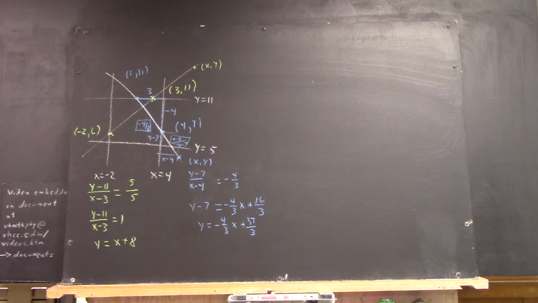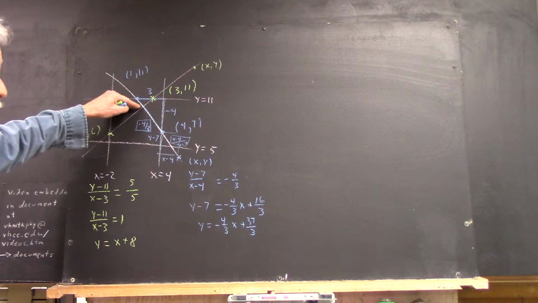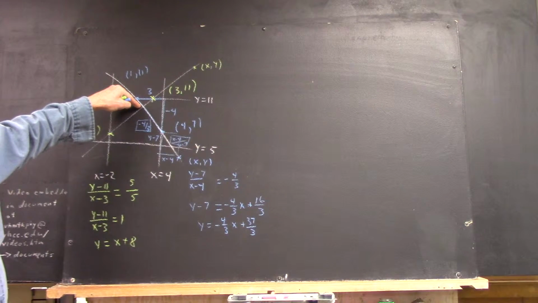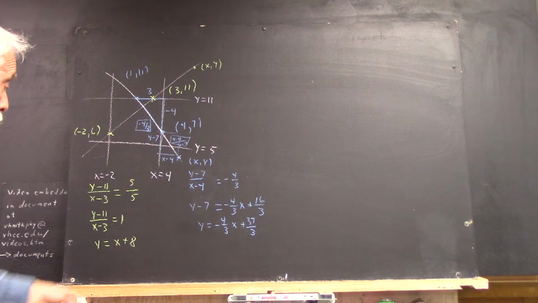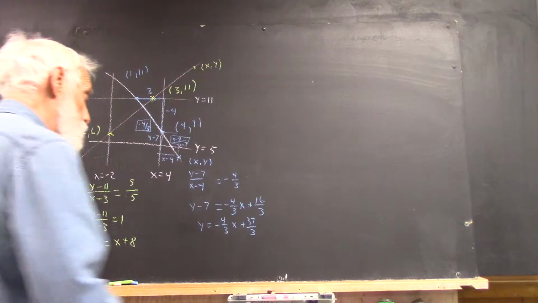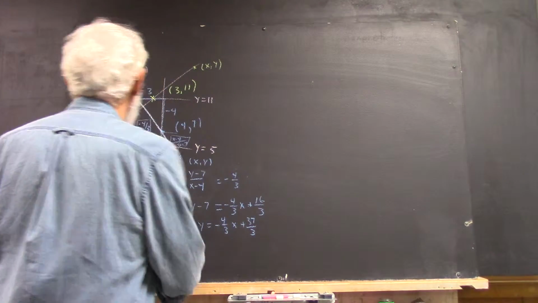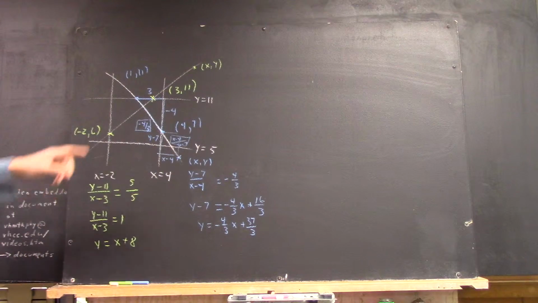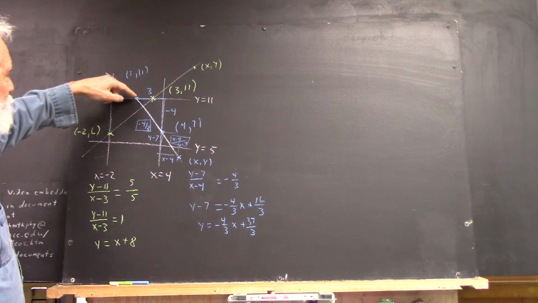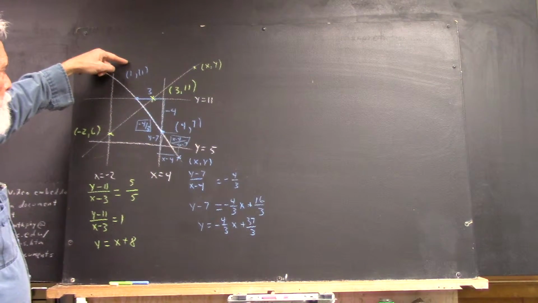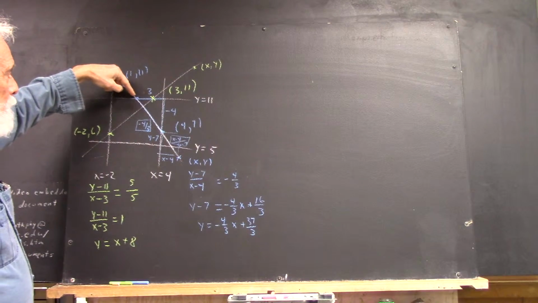Now maybe that's right and maybe it's wrong, but the other thing they're going to be asked to do is estimate the coordinates of this point. The x-coordinate of this point is between 1 and 4, right?